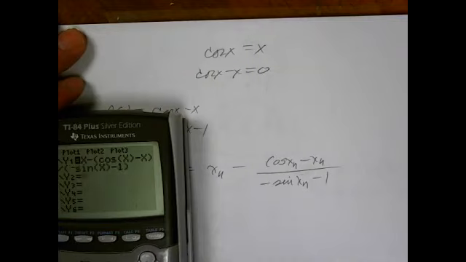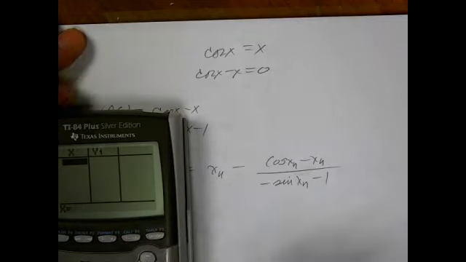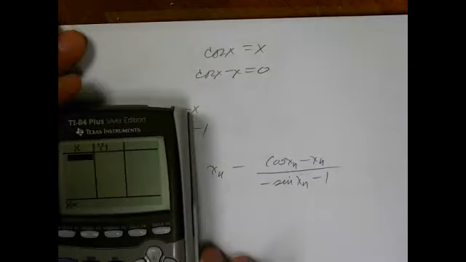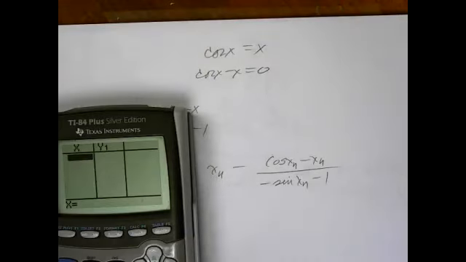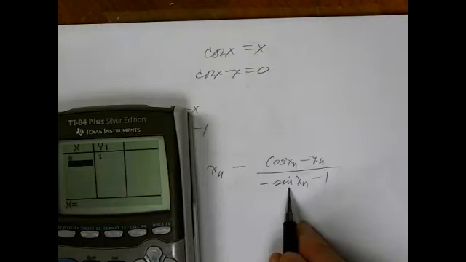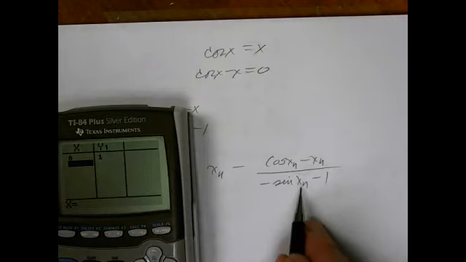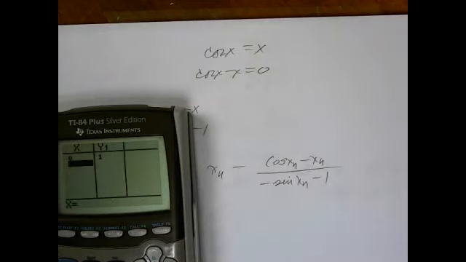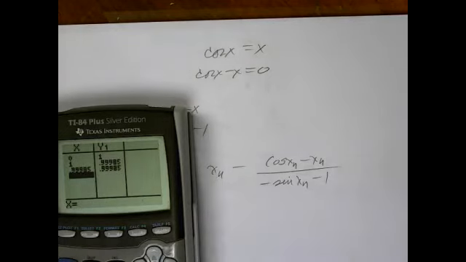Close those parentheses, go to the table, and let's just start making some guesses. Now, there may be numbers you can't put in. If you were to put something in right here that would create division by 0, your algorithm would crash. All right, so be careful of that. Do not put anything in right here that would cause division by 0. All right, so anyway, I put in a 0, got out a 1. Put in a 1, get out a 0.99985. Put in 0.99985, and it's already started to repeat itself.